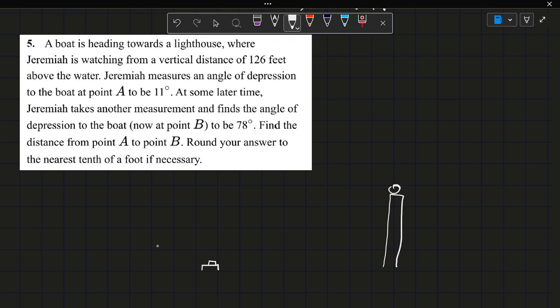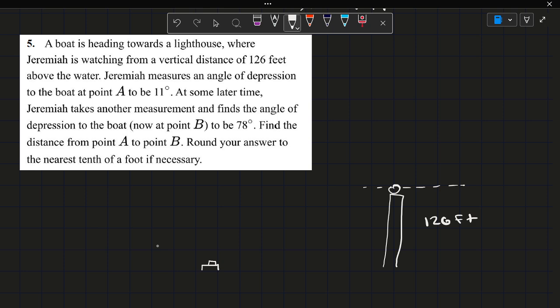And he's saying that the distance is 126 feet. And obviously, remember, this is our horizontal line right here. It says Jeremiah measures an angle of depression to the boat at point A to be 11 degrees.